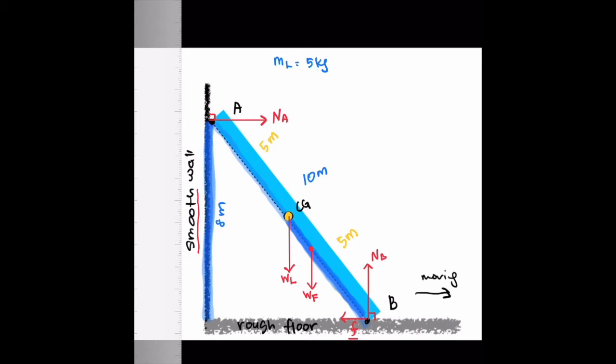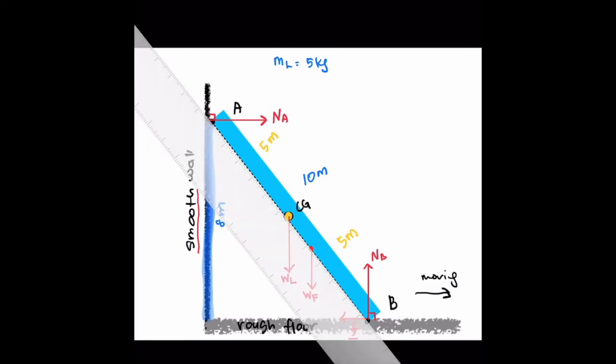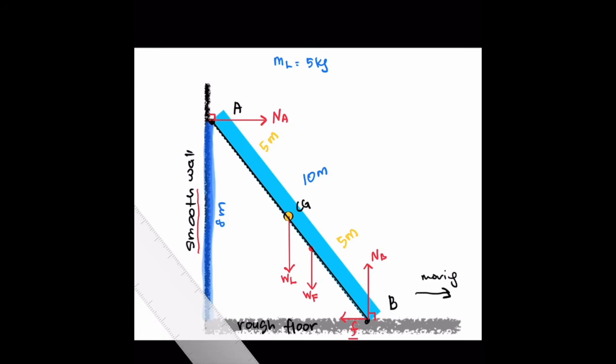From here we know that we have an angle. As you can see when I draw a line here, the angle between the line and the force is here, which we call alpha. When this is alpha, then this here is beta.